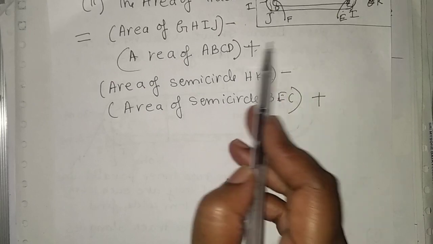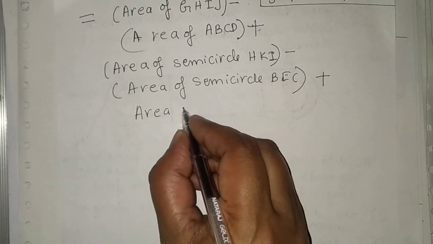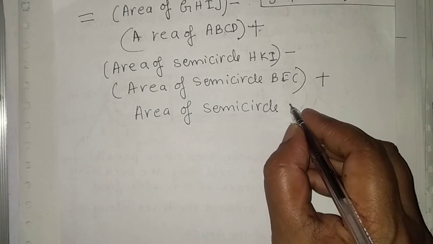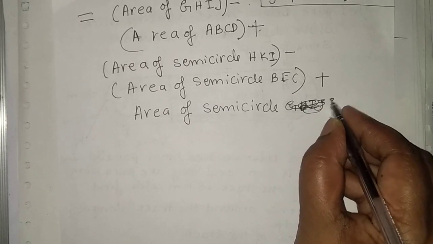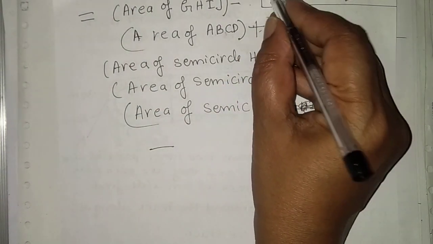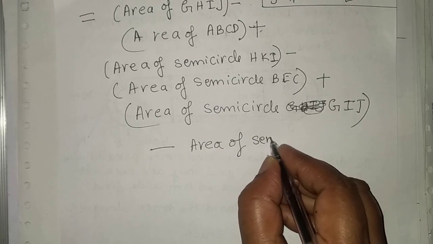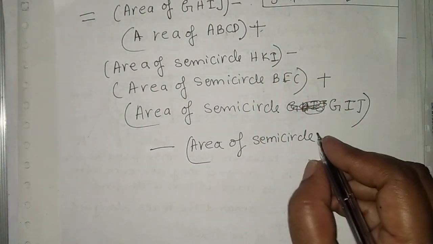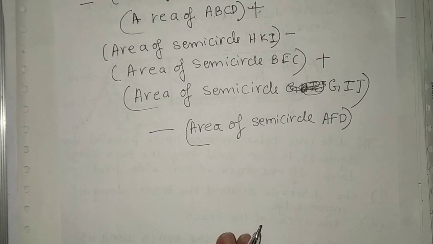Again we'll take another pair of semicircles: the area of the semicircle GIJ, the outer part, again minus the inner part, the area of the semicircle AFD. So we finished writing all the formulas.